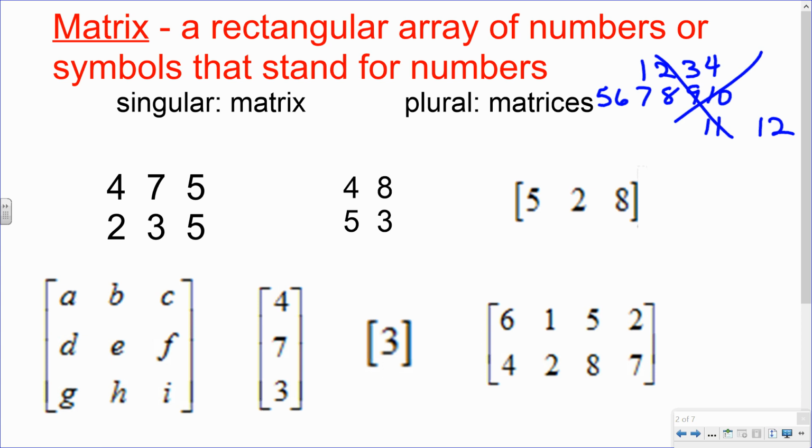All of the rows and columns come out evenly. Sometimes we will have brackets, where it turns a little corner at the top and bottom. Sometimes we won't. That makes no difference. On the next slide, we are going to see a little bit different symbol that does mean something special. But if there's square corners or no brackets at all, it means the same thing.